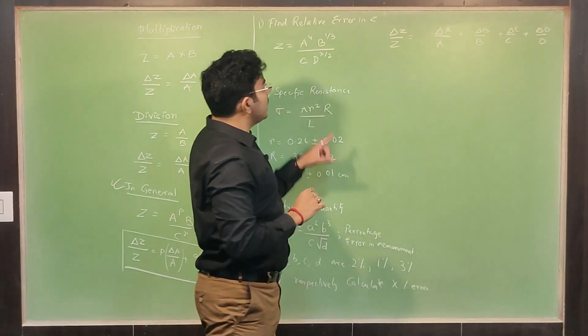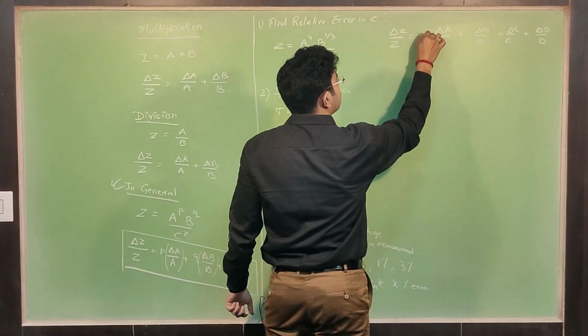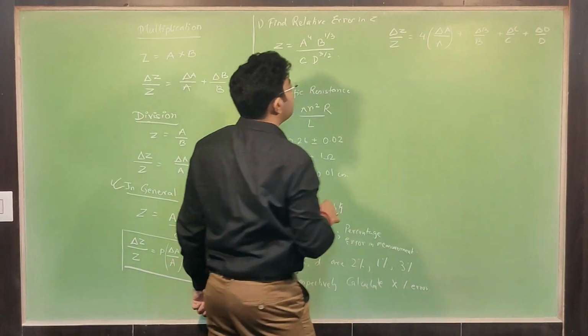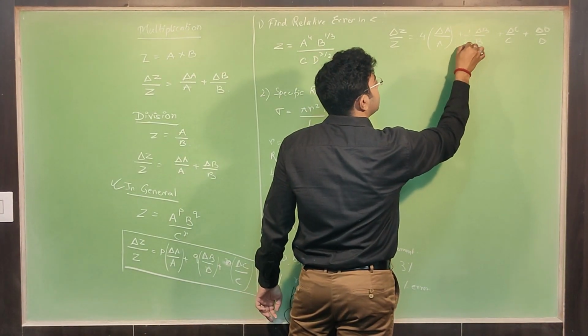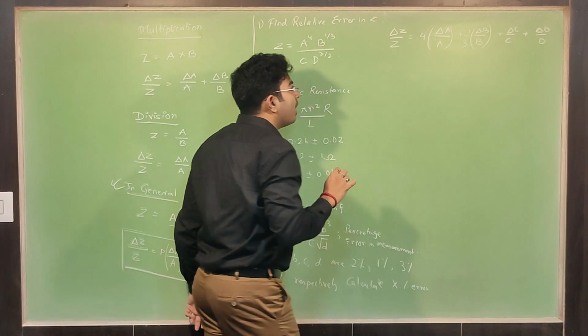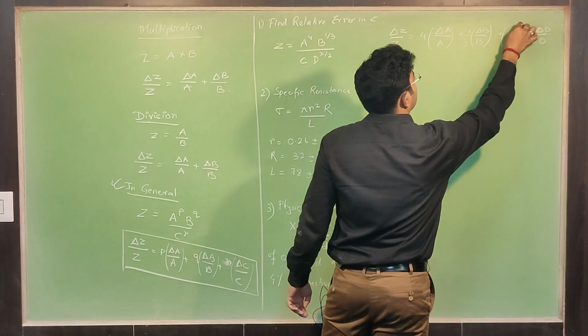Now tell me, what is the power of a? 4, so 4 needs to be multiplied here. What is the power of b? 1 by 3, so 1 by 3 needs to be multiplied here. What is the power of c? Nothing, that is 1. So no problem.